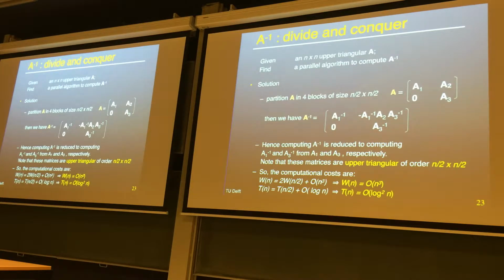So, let's see. If you have the original A, you end up with finding the inverse of A1 and A3. A1 and A3 are again upper triangular, so you can pursue this computation in an iterative way for A1 and A3 separately, but of course concurrently.